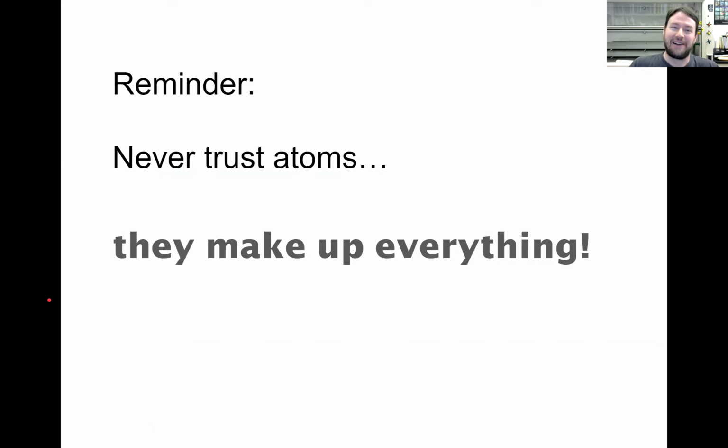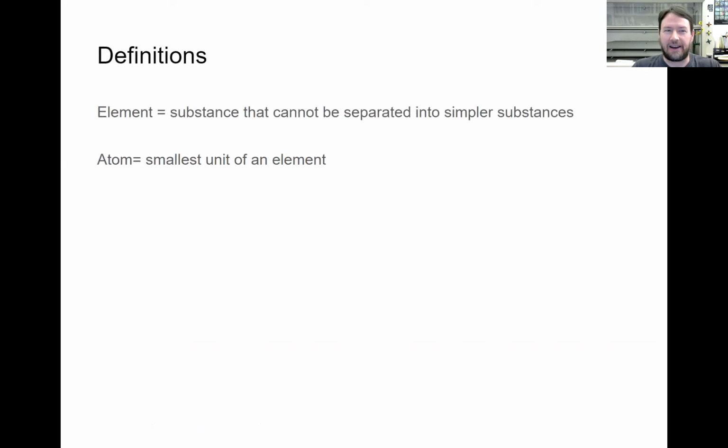All right, so before we get started, just a few definitions to talk about. When we're talking about elements, we're talking about substances that cannot be separated into anything simpler that still retains all those properties.